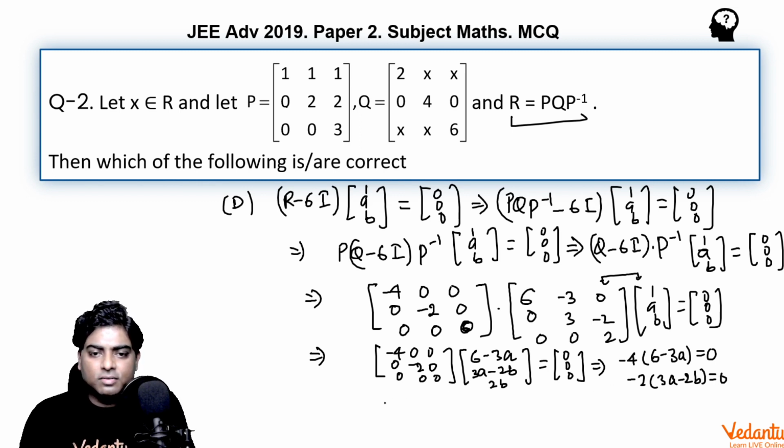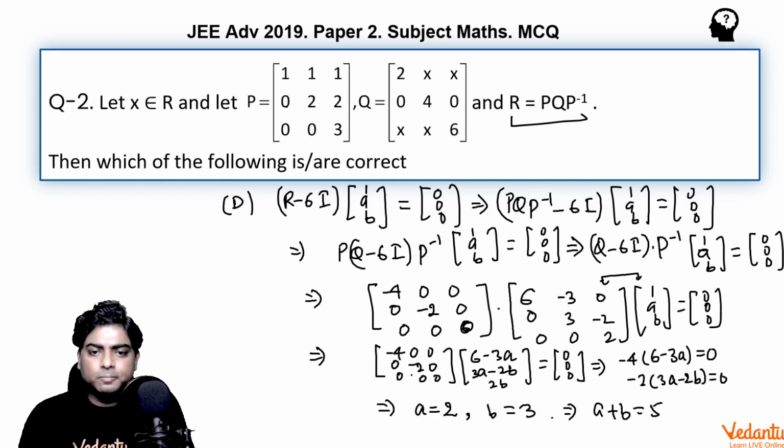So from here we can easily see that the value of a is 2 and the value of b would be 3. So a is 2 and b is 3. So from here we can say that a plus b is 5.